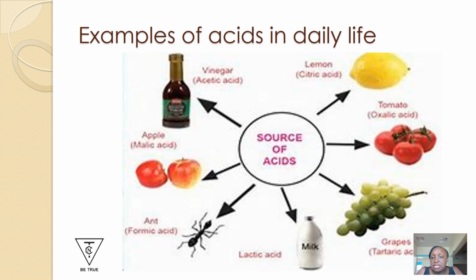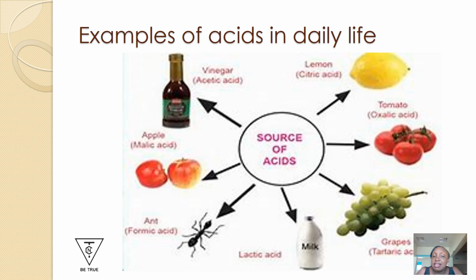We have grapes, which have tartaric acid. Milk has lactic acid. In ants, we find what we call formic acid. Apples have acid in them. We have vinegar with acetic acid.